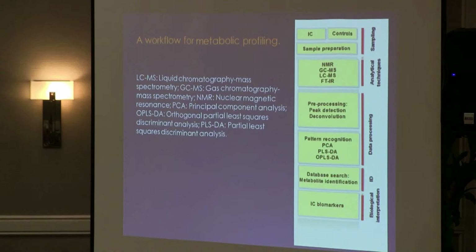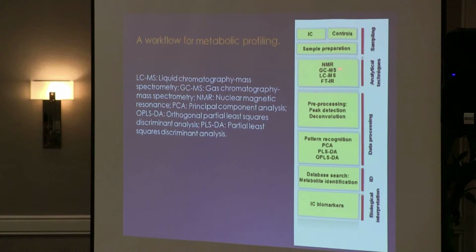Most IC patients, over 80% of IC patients, are women. So we don't need to worry about a prostate massage kind of procedure before we collect urine samples. But in the case of the male population, to study IC profiling, maybe we need to think about a different procedure to collect urine samples.